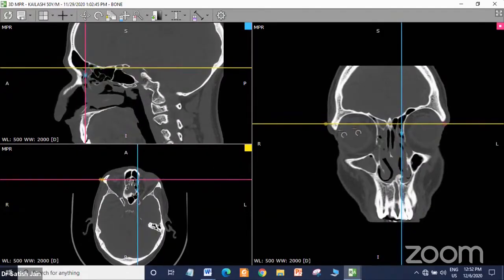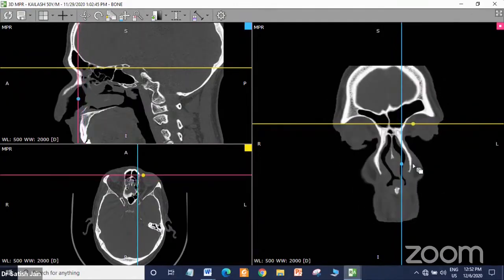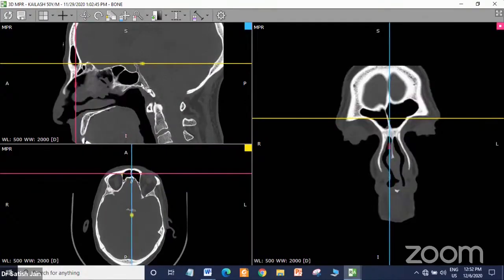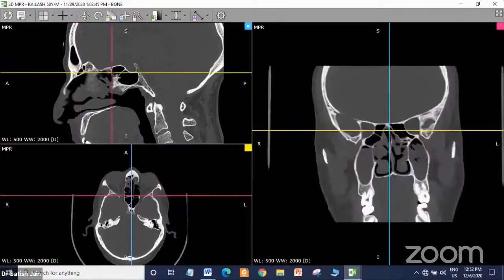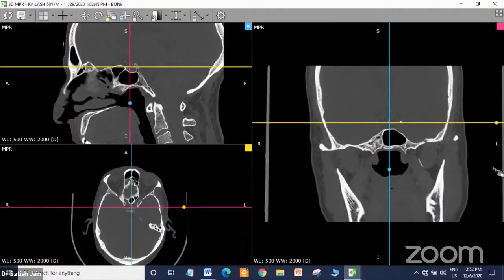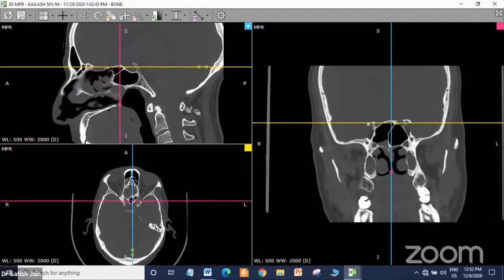Now see, this is about the orbit. See the relationship to the orbit in all planes. Now if I am coming to the frontal sinus, you see all the frontal sinus in all planes. Any possible cell, see this is the cella, where my cursor is. This is the sphenoid sinus.